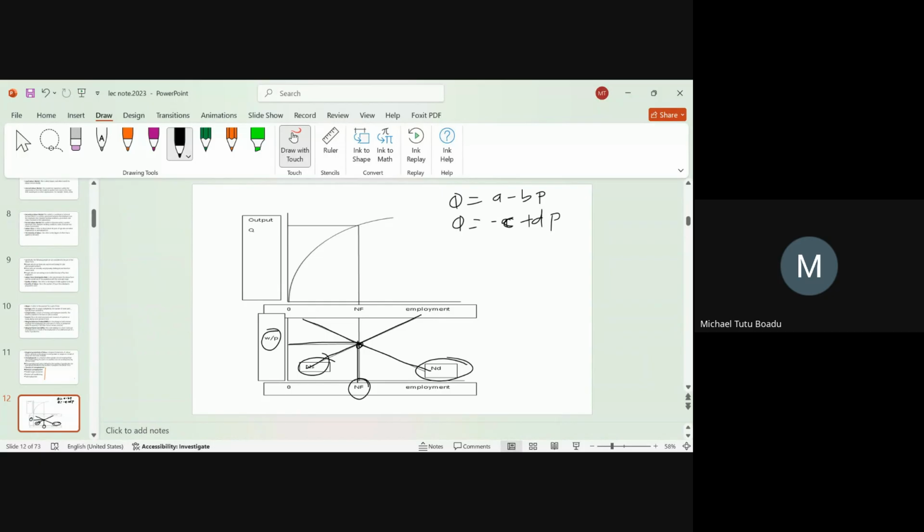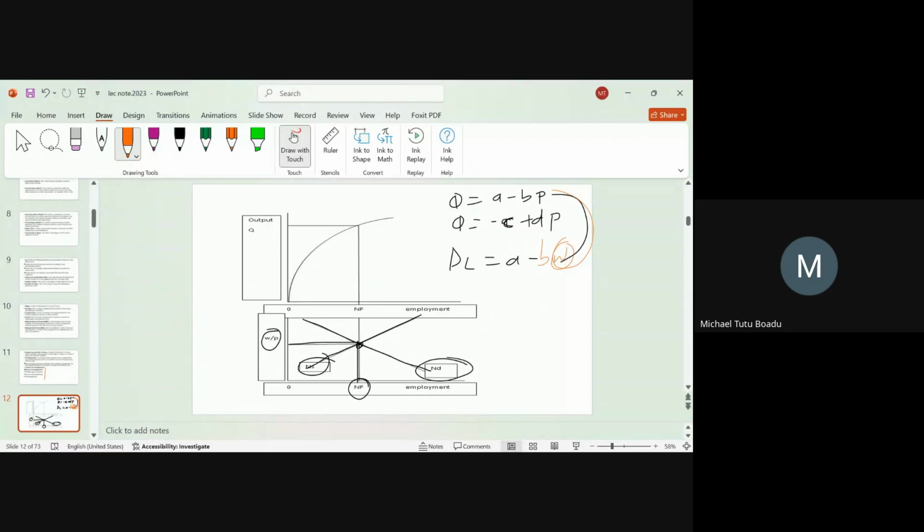This is also a demand curve. When it comes to the labor market, we have demand for labor, which will take the shape of normal demand. We can say A minus BW, where W is the wage. Instead of price, we use wage.